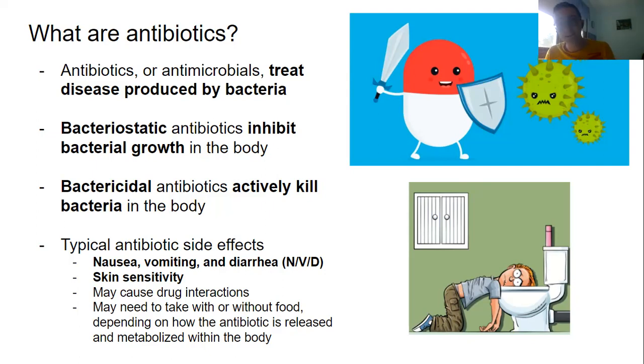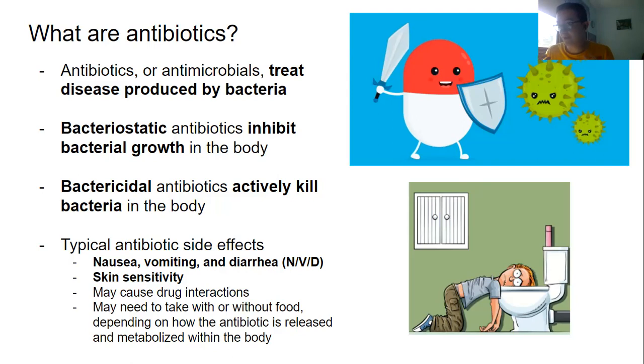Now, antibiotics are extremely varied in their different side effects, and there's a lot of nuance in the different categories of antibiotics as to what they can do. However, you can pretty much always guarantee there's going to be certain side effects that every antibiotic has. So the important thing to remember about antibiotics is that just about all of them cause nausea, vomiting, and diarrhea as a side effect.